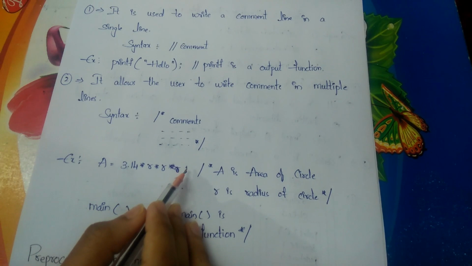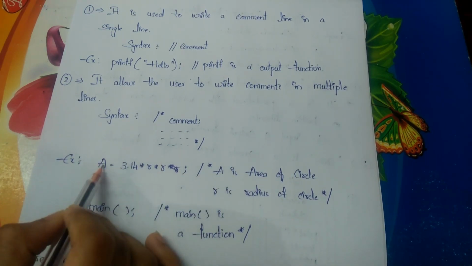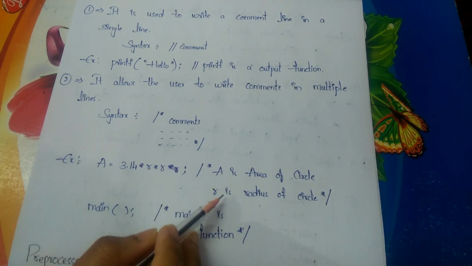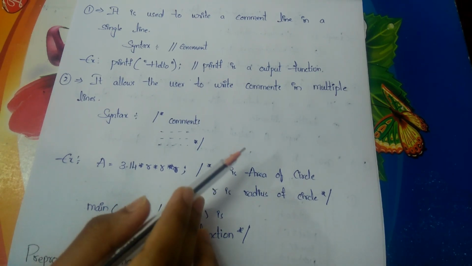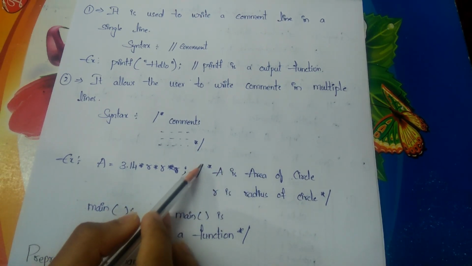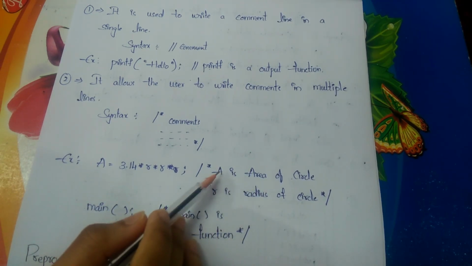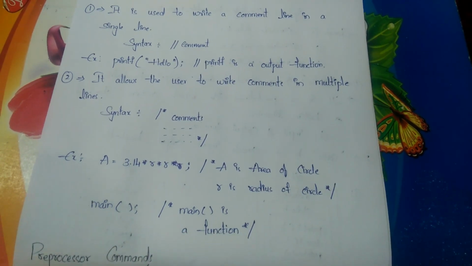After ending this statement, I am writing two statements: one is A and one is R, which I want to write in two lines. I can't use the single comment line, so I use the multiple comment line. Forward slash asterisk, and within this I write the comments: A is area of circle and R is radius of circle.